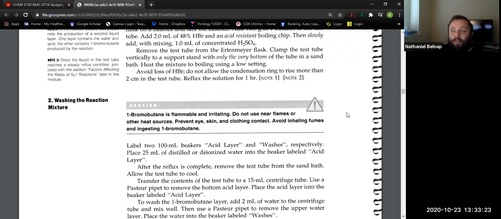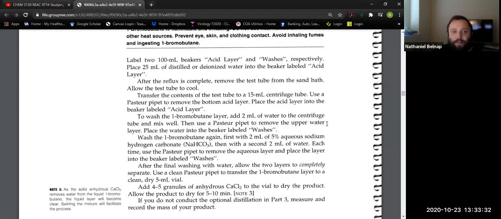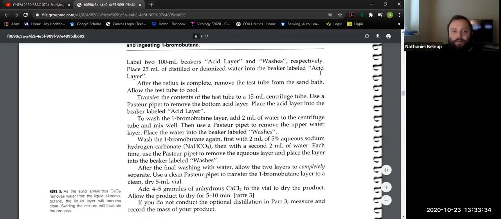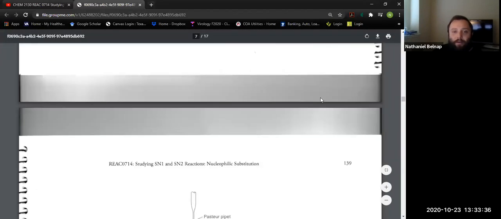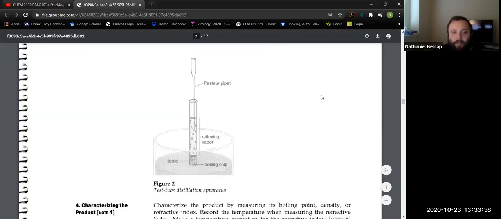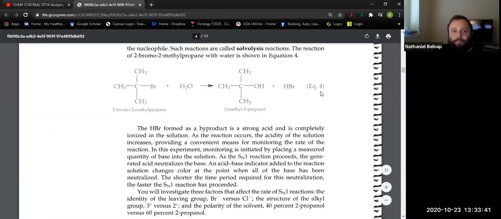Also, sometimes just being too hot can induce flames, so something else to consider. Also, don't ingest it. Don't breathe it in too deeply or eat it.